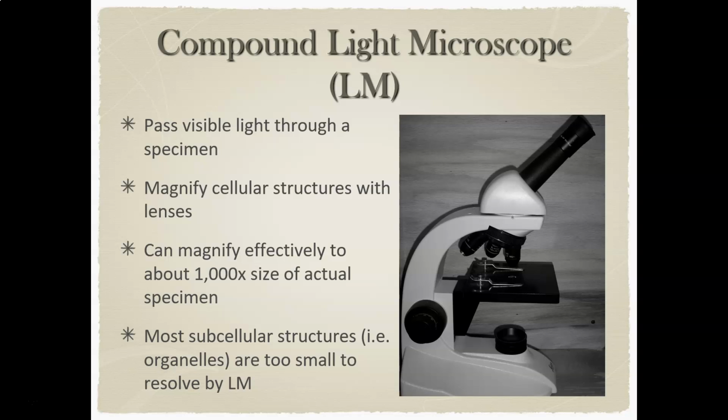Flip side to this is that I can look at both living and non-living things under a light microscope depending on what sort of treatment I do to it. So I can observe living things alive and functioning under a light microscope. I'm not going to necessarily have that option with every microscope choice that I have.